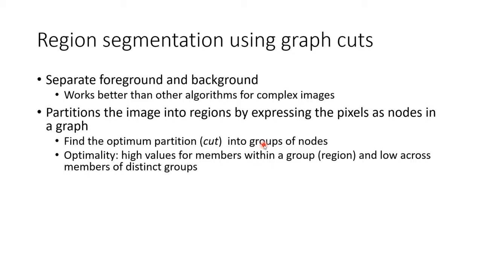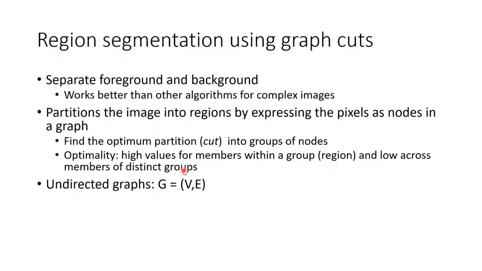The optimality criterion is that I want to keep pixels that are similar in the same group, and groups of pixels that are dissimilar to other groups, I would like to cut. So basically, the optimality should assign high values for members within a group, or basically a homogeneous region, and low values for members across groups, for distinct groups.